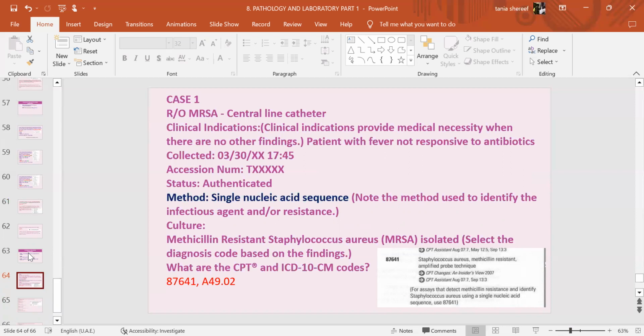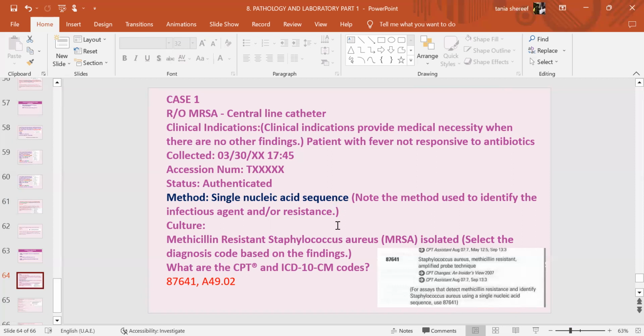The method is single nucleic acid sequence, and the culture is methicillin resistant Staphylococcus aureus, that is MRSA, isolated. 87641 is Staphylococcus, methicillin resistant, amplified probe technique, for SA, that detects MRSA, the methicillin resistance, and identifies Staphylococcus aureus using a single nucleic acid sequence.